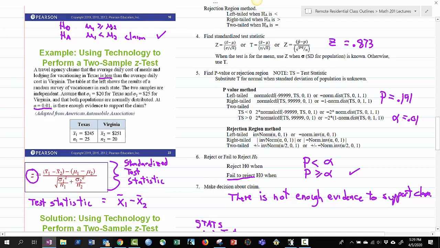We didn't reject the null. If we'd rejected the null, then we could have picked the claim and we would have had enough evidence.